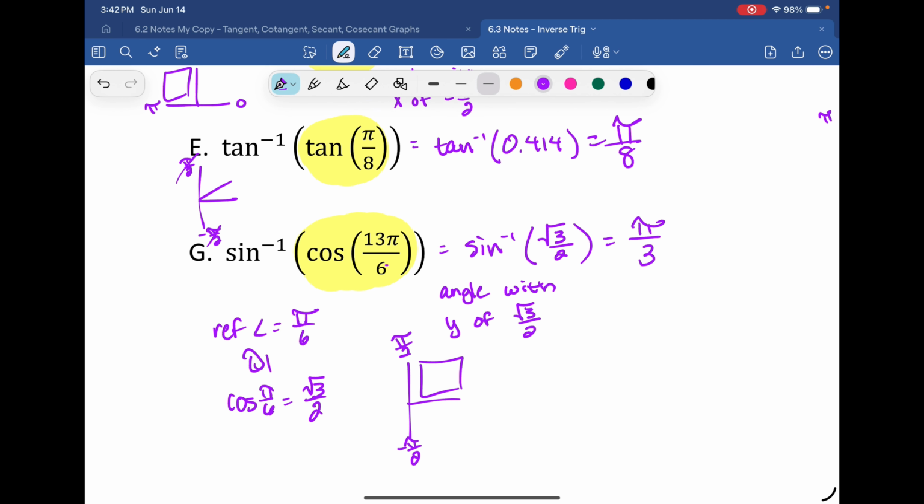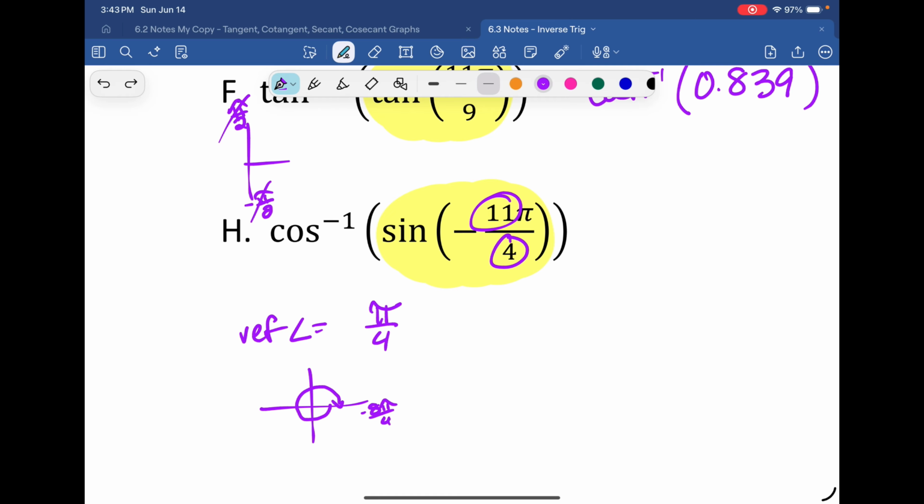So I've got an 11, that's 3 pi, which takes me into quadrant 3. Sine of pi over 4 in quadrant 3 is negative root 2 over 2.